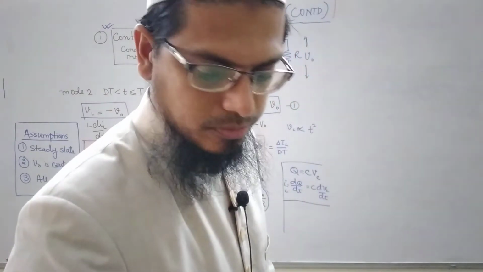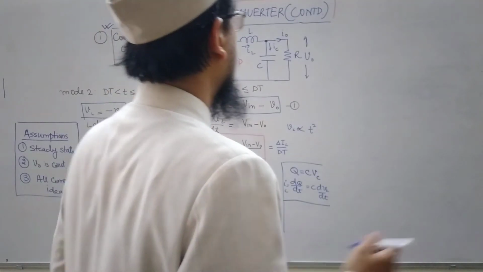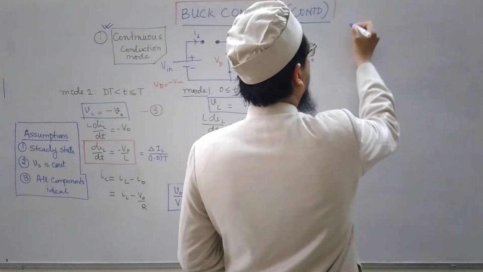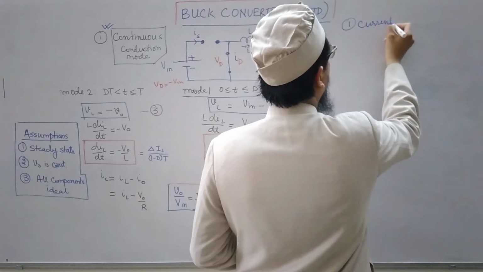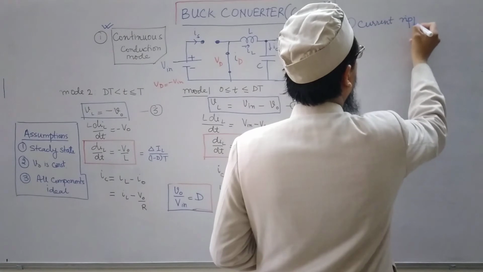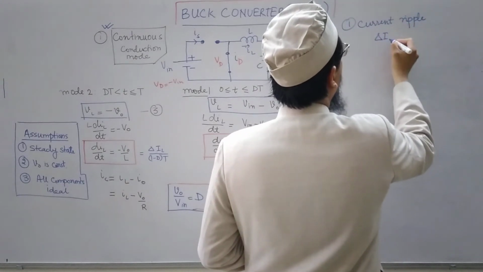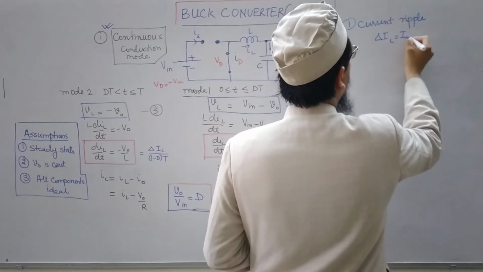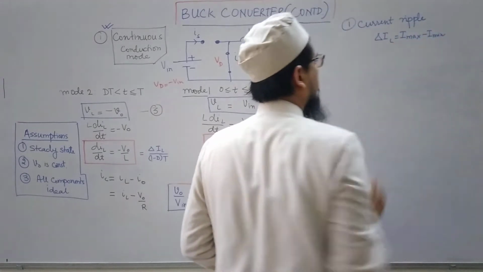Okay, so I am basically interested in first trying to find out the current ripple, and the current ripple is delta I L, which is I max minus I min.